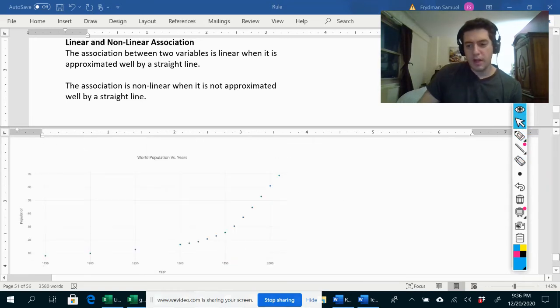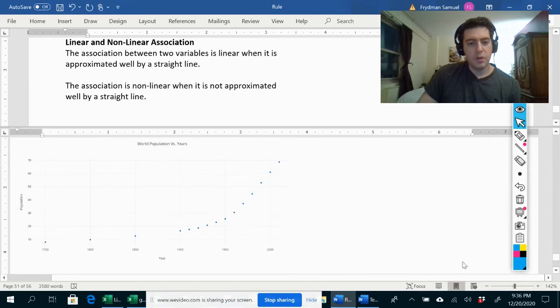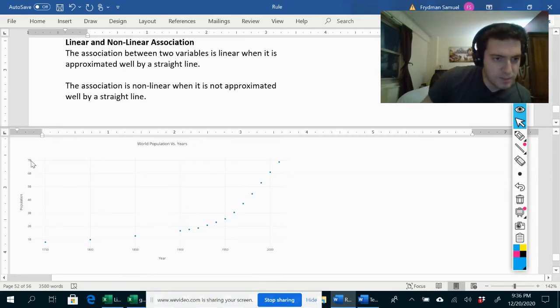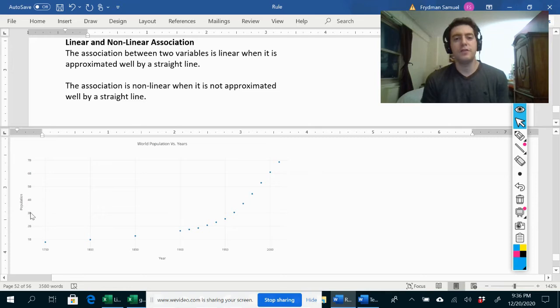So right over here, I have a scatter plot with years on the x-axis and population on the y-axis, and that's hard to see, but there's a B there. So this is 1B, 2B, 3B. That B stands for billion. So this is the world population versus years, and the population is measured in billions of people.